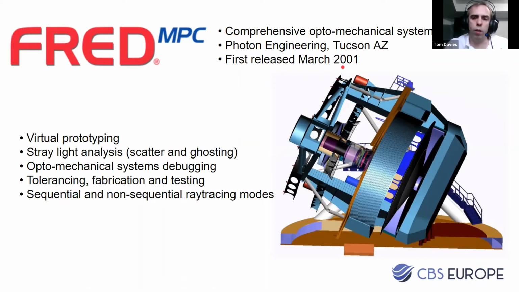So version 1 was 20 years ago. It's used for virtual prototyping, stray light analysis, optical mechanical systems debugging, tolerance, fabrication, and testing. And it uses by default non-sequential ray tracing with an option for sequential ray tracing for classical optical design as well.